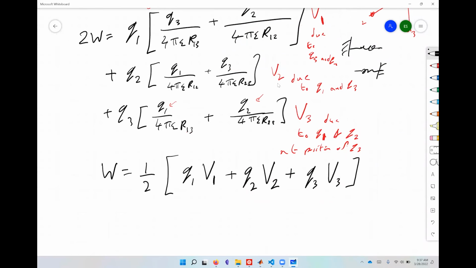So you have to understand what V1 is. V1 is the voltage at Q1 due to the other charges, due to Q2 and Q3. V2 is the voltage at Q2 due to the other charges. V3 is the voltage at Q3 due to the other charges.